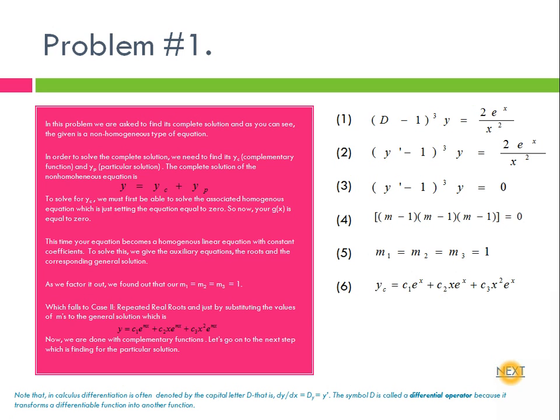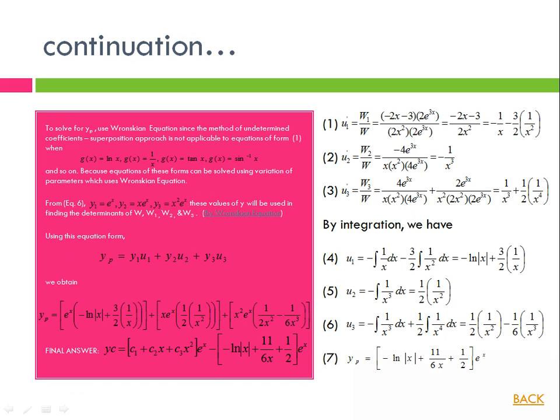To solve for y sub p, we use the Wronskian. The method of undetermined coefficients by the superposition approach is not applicable to the equation of form number 1, because our g of x has a value of 1 over x squared, which cannot be solved using undetermined coefficients, because undetermined coefficients has its own limitations.